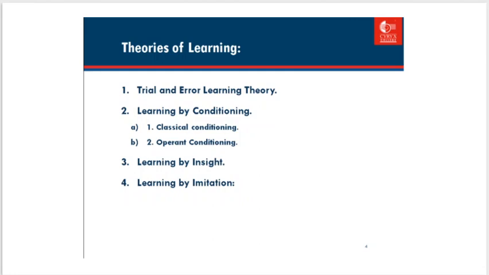But when the CS bell was paired again with UCS food, for some trials the CR, salivation, recovered. This is known as spontaneous recovery. In spontaneous recovery, the dog required a smaller number of trials than the first time, because the association between CS and UCS still existed in the brain of the animal.